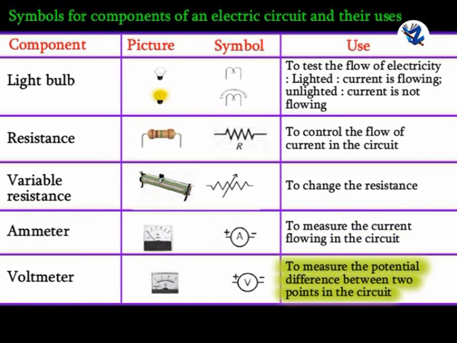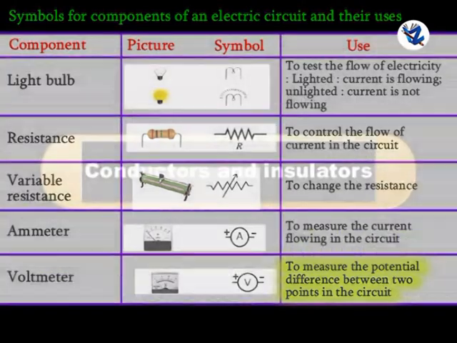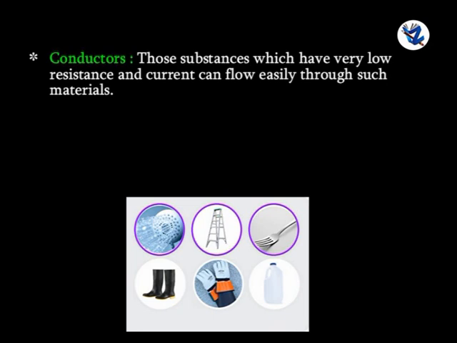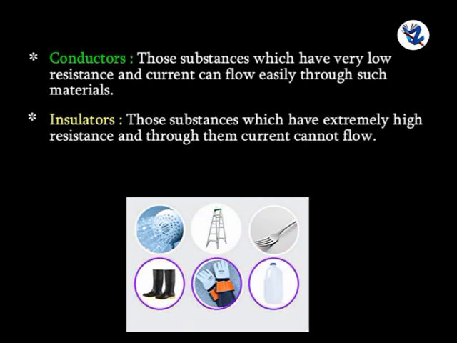Voltmeter to measure the potential difference between 2 points in the circuit. Then conductors and insulators. Conductors are those substances which have very low resistance and current can flow easily through such materials. Insulators are the substances which have extremely high resistance and through them current cannot flow.